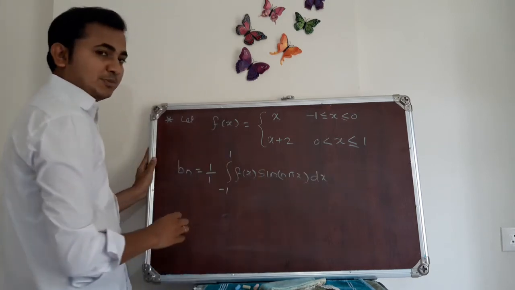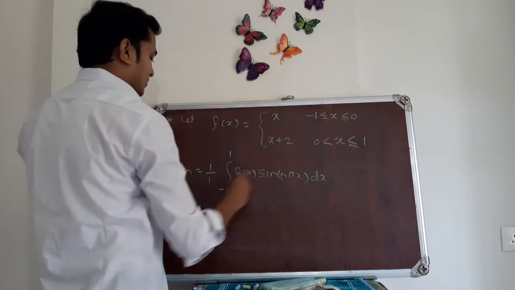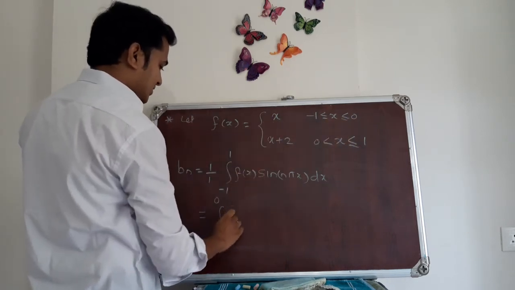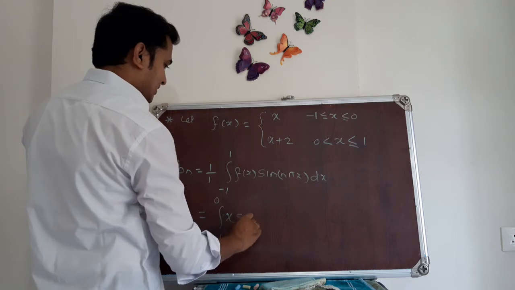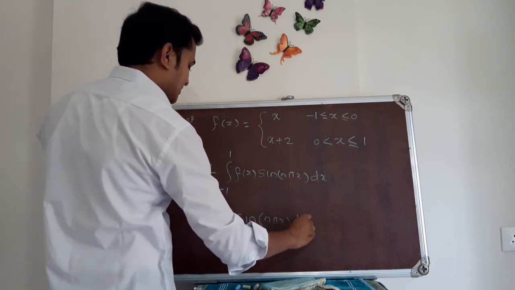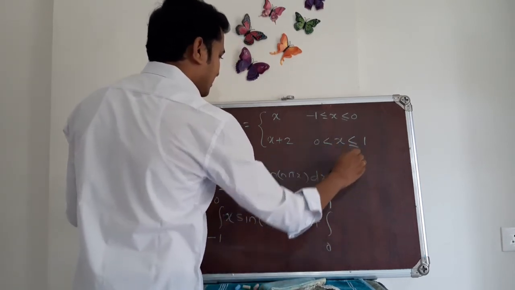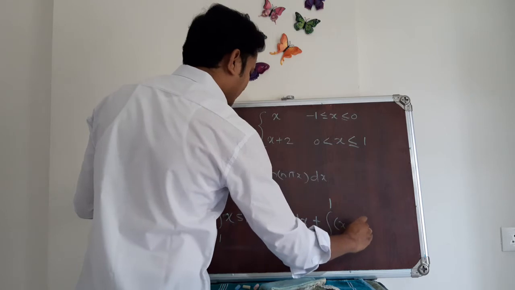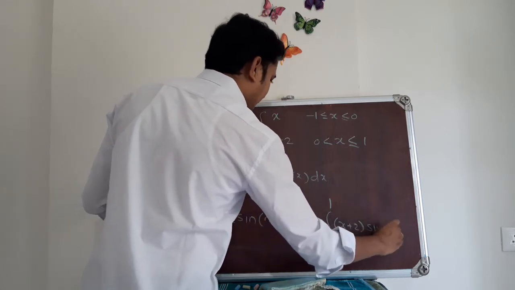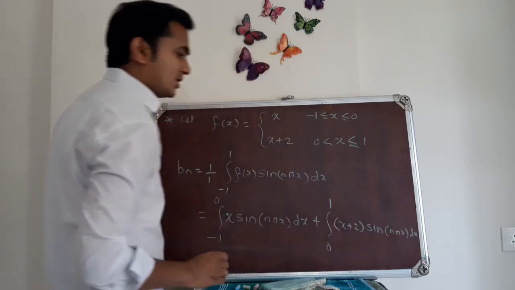Again you split this integral: integral minus 1 to 0, the function is x sin n pi x dx, plus integral 0 to 1, the function is x plus 2 sin n pi x dx.